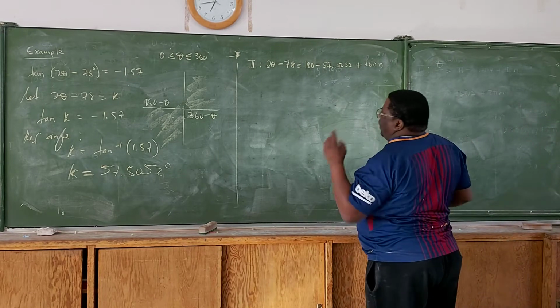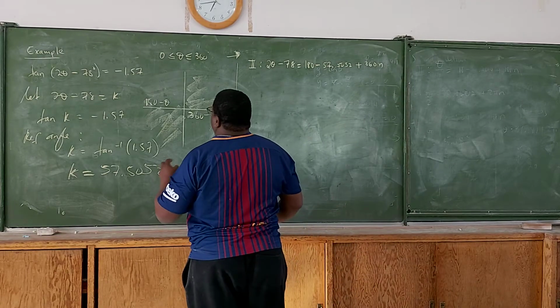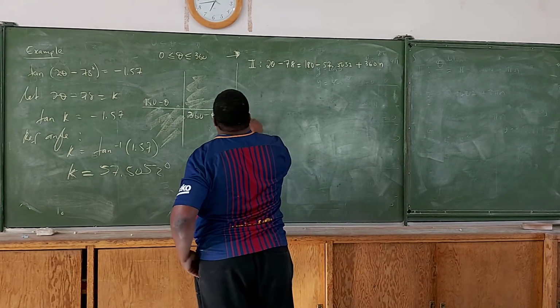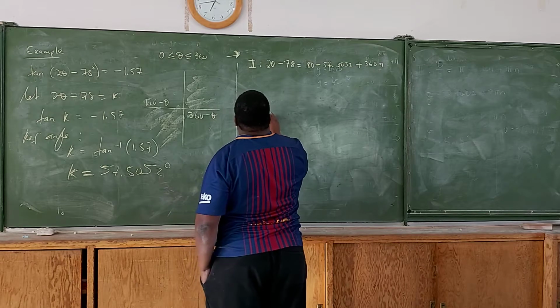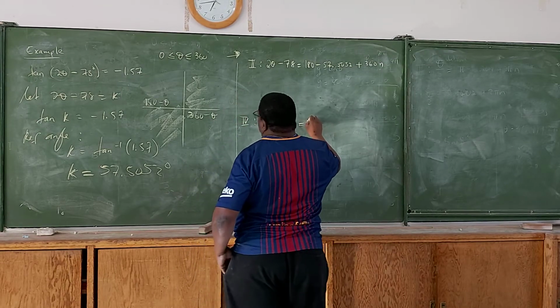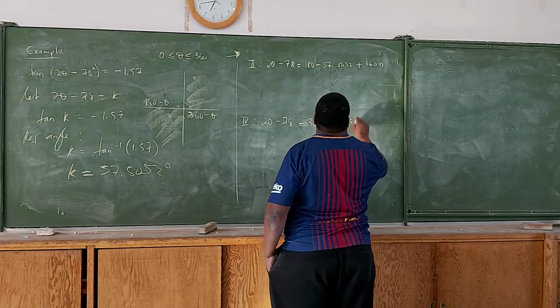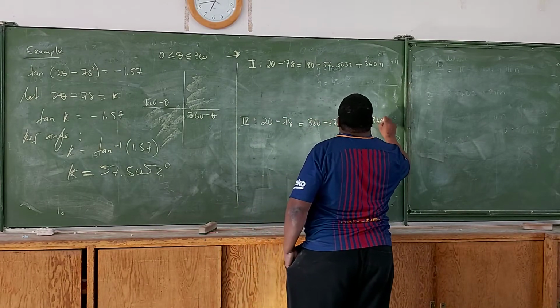Alright? And what quadrant is it in the fourth quadrant? It's going to be 2 theta minus 78 equals 360 minus 57.5052 plus 360n.